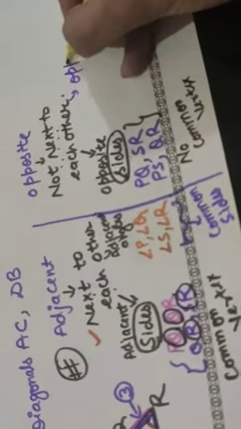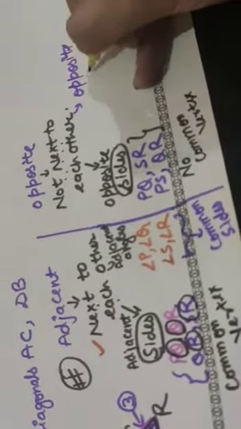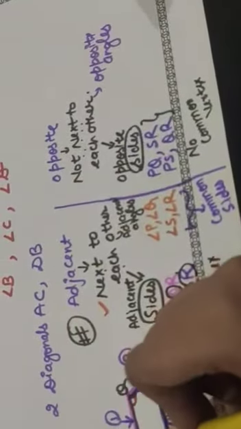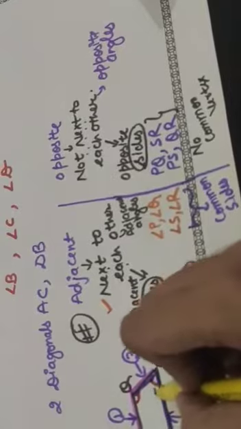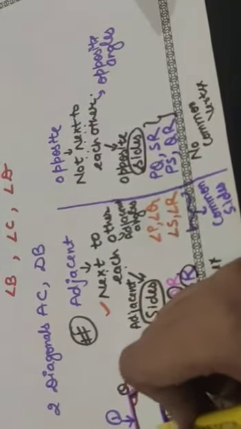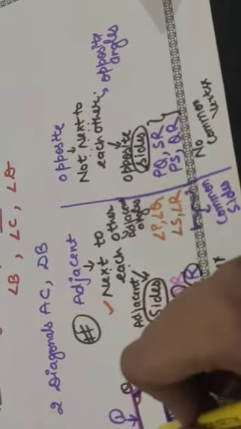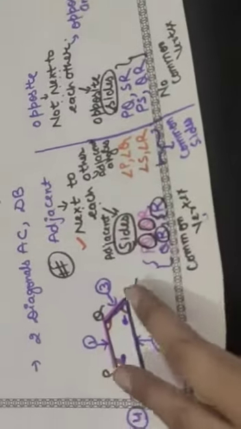Now let us look at the opposite angles. The angles which are not next to each other are known as opposite angles. See this angle P and angle R, they are not next to each other. Angle P and angle R are opposite to each other.